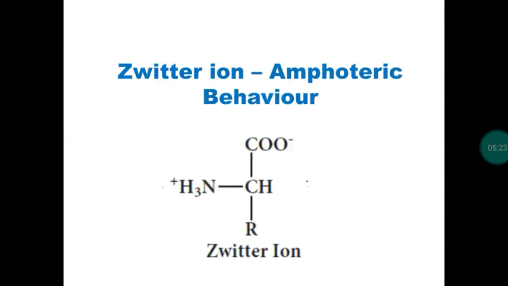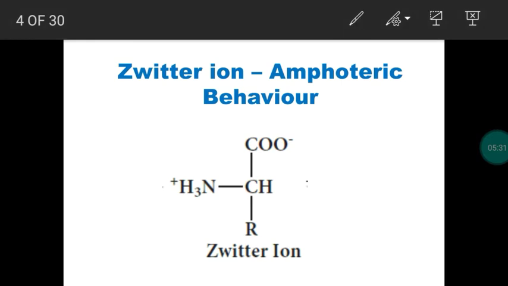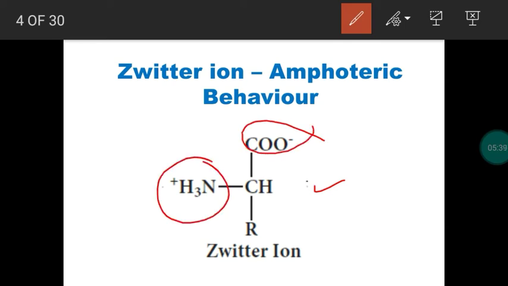Next, another public one mark question. What is a Zwitter ion? Take an amino acid. In the amino acid we have a carboxylic acid group and an amino group. If there is a transfer of a proton from one functional group to another, now the molecule has two different ions, isn't it?